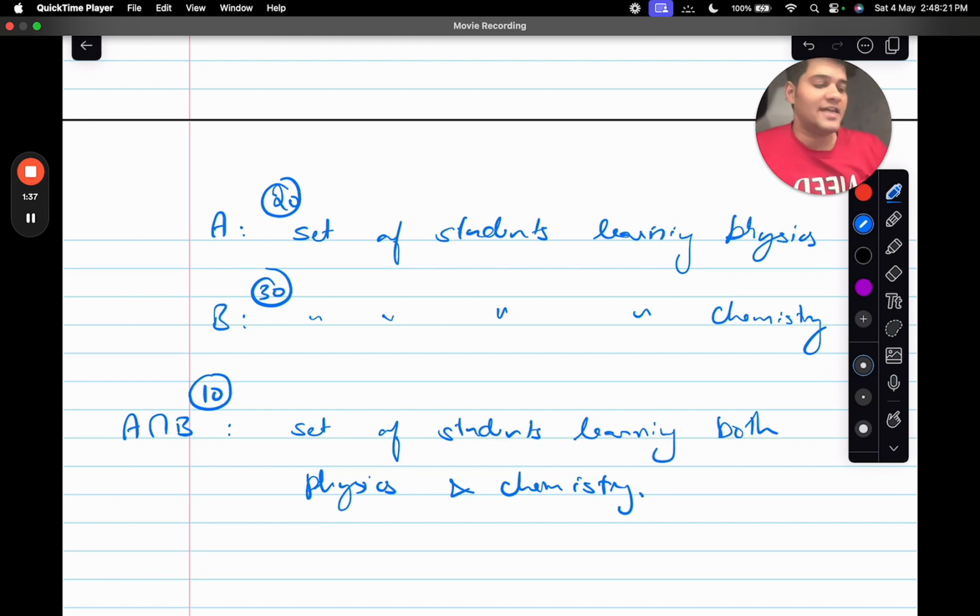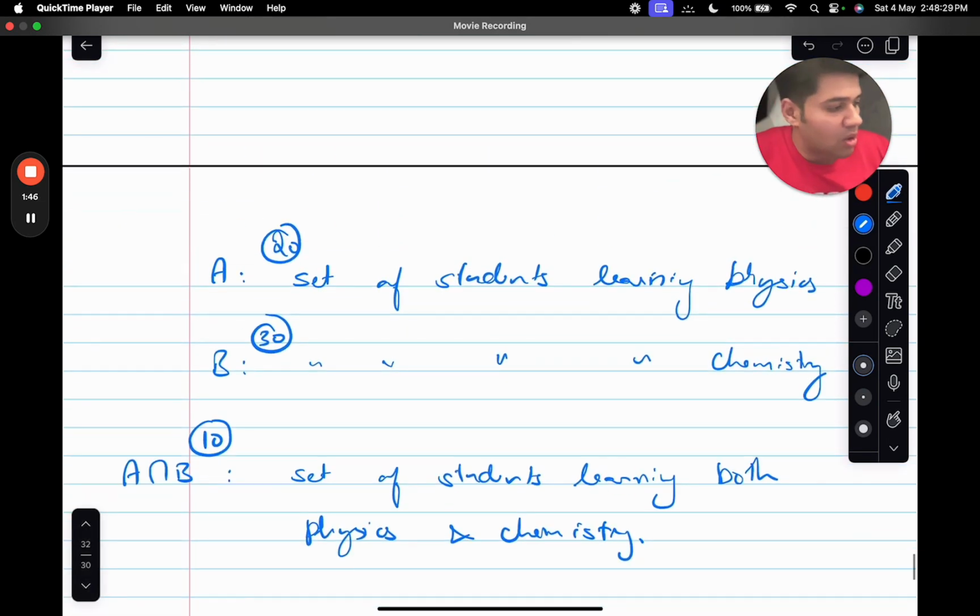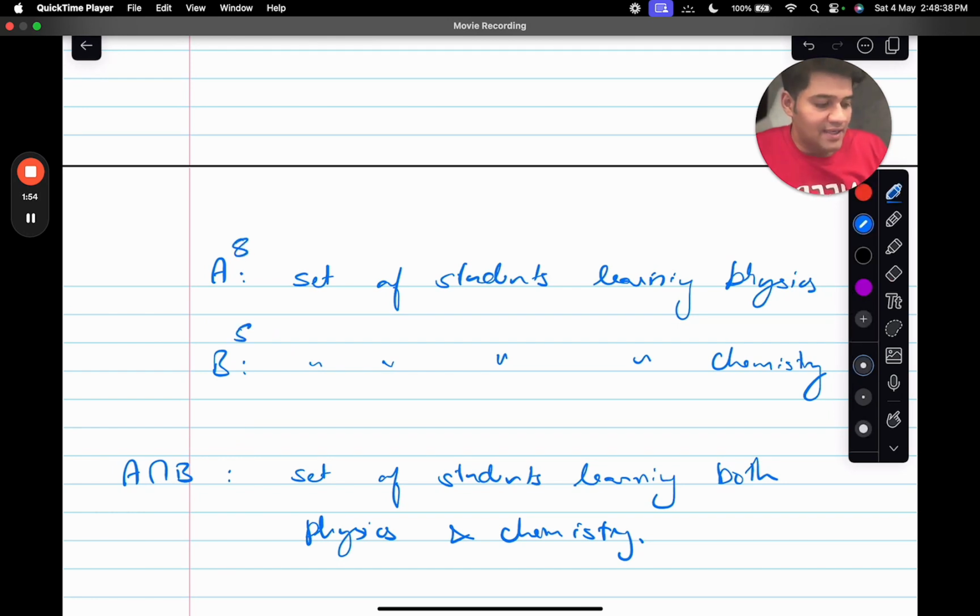So this A represents people who learn physics. Let me change the data to slightly smaller values. Let us say these are 8 people, let us say these are 5 people, and let us say 3 people learn both.